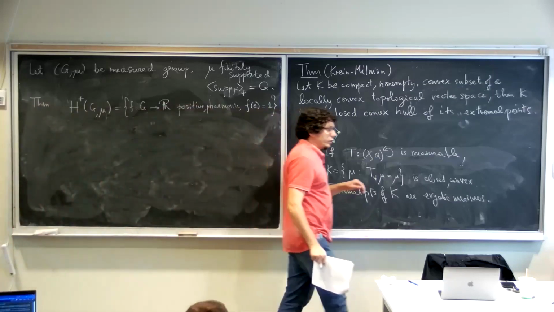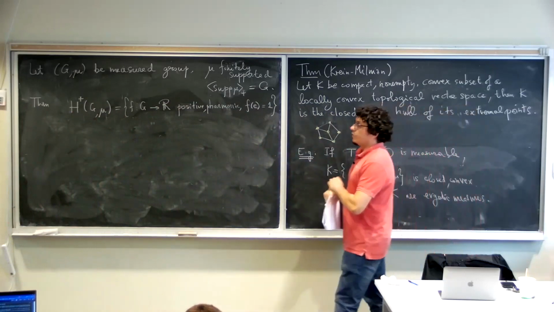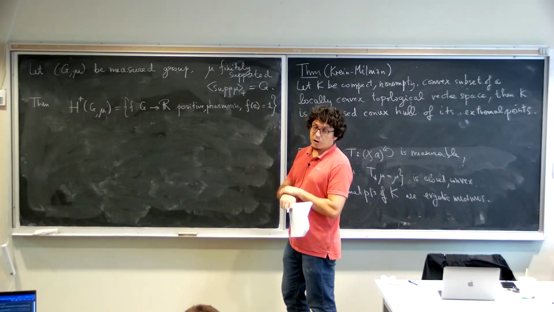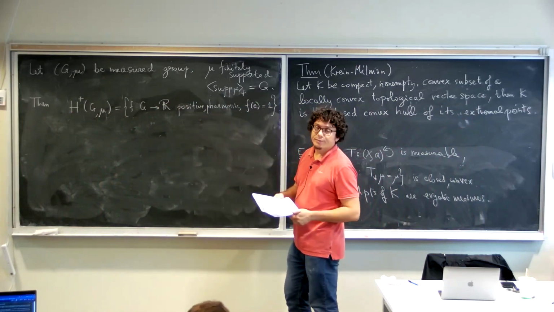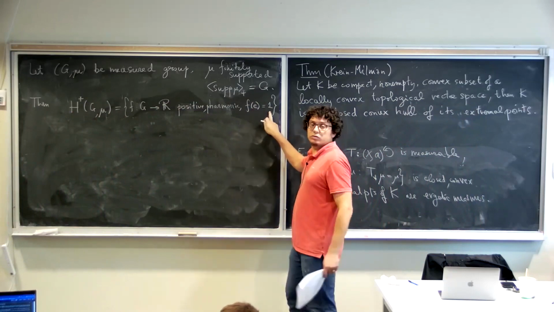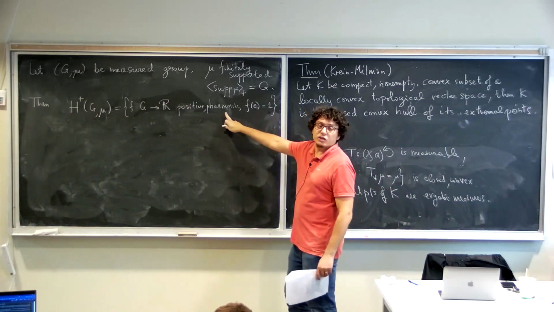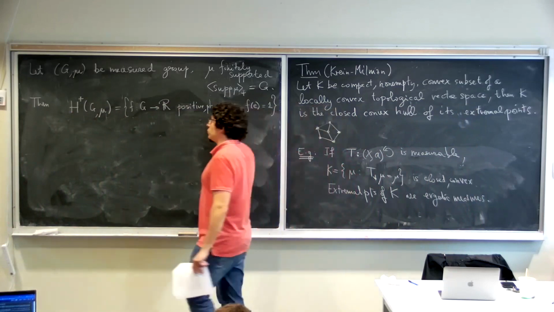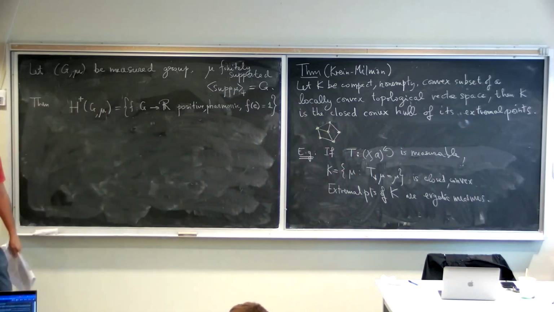Because, by the maximum principle, if there is a minimum, it cannot be inside. If the value at the identity were 0, then this would be the minimum of this function, and this would imply that the function is 0 all the time.